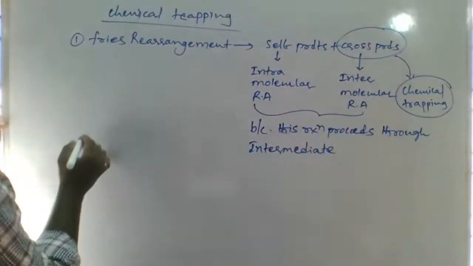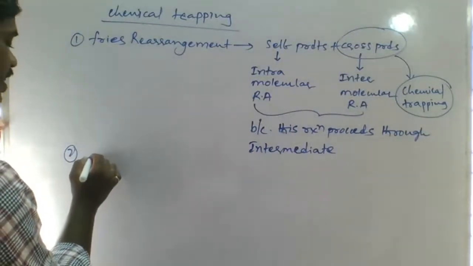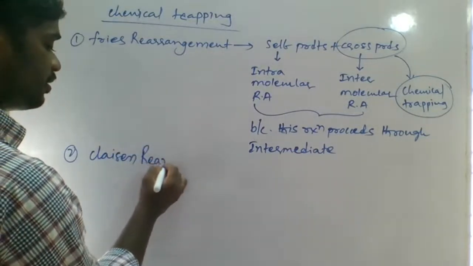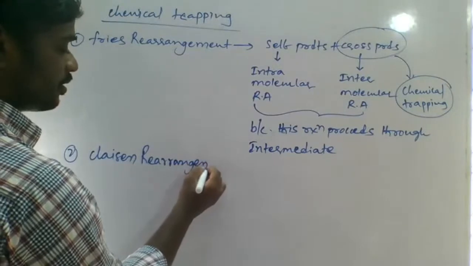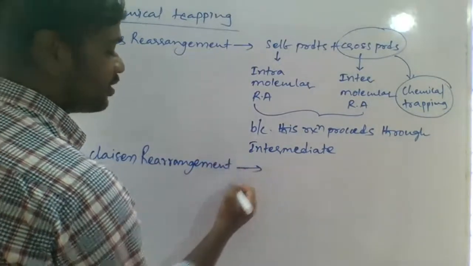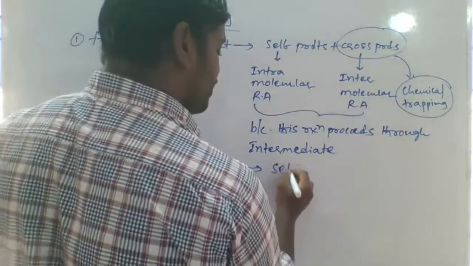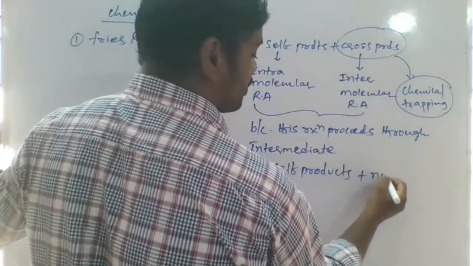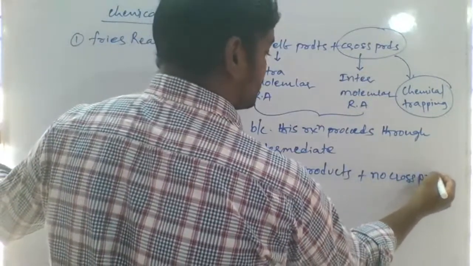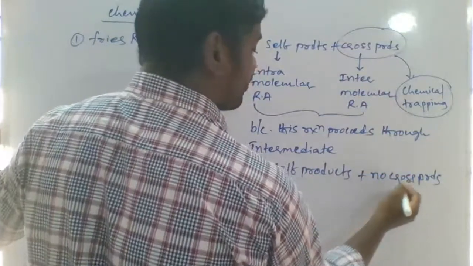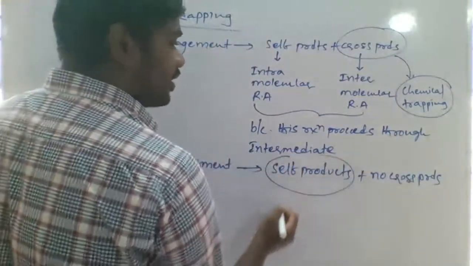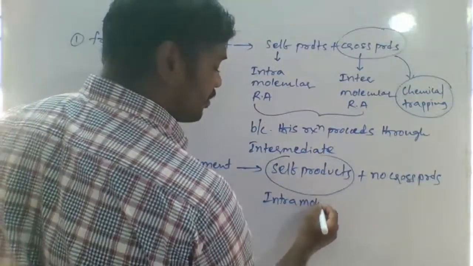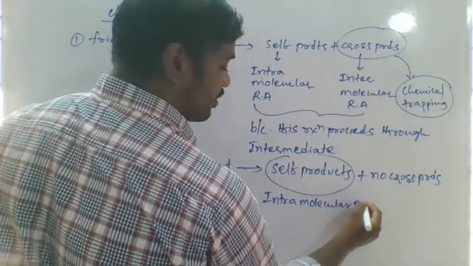Next, another one in chemical trapping, the second one is the Claisen rearrangement. In this rearrangement, only self products are formed. No cross products. So self products are formed, mainly due to intramolecular rearrangement.